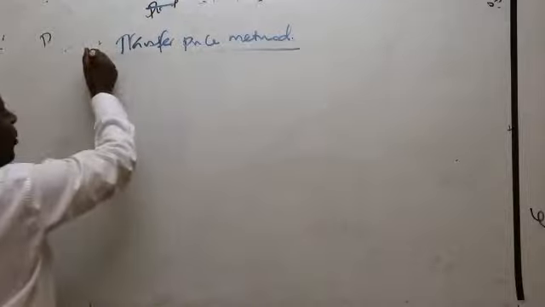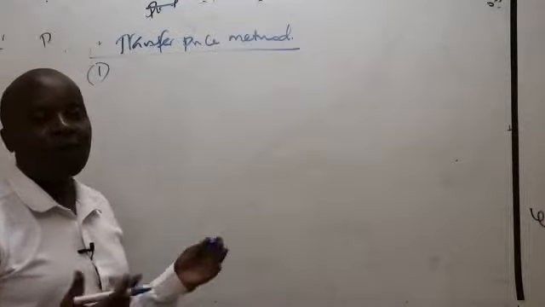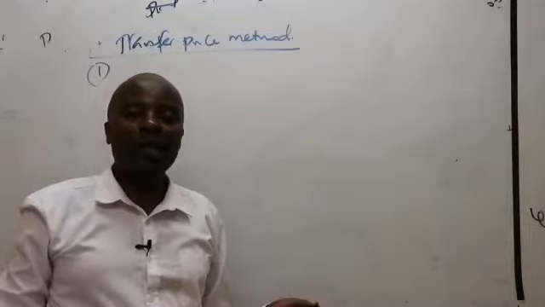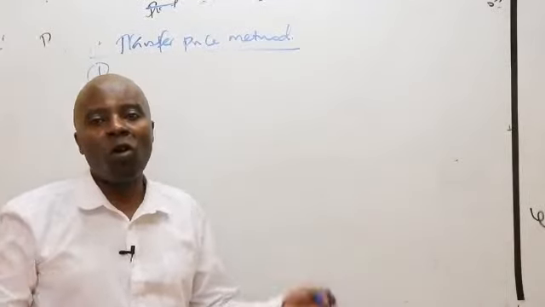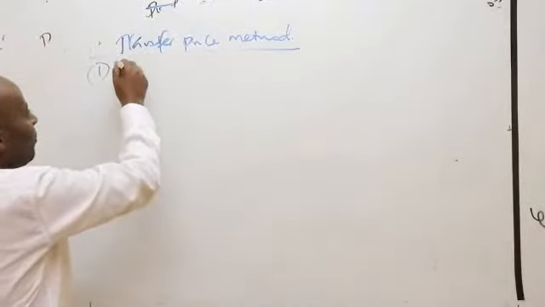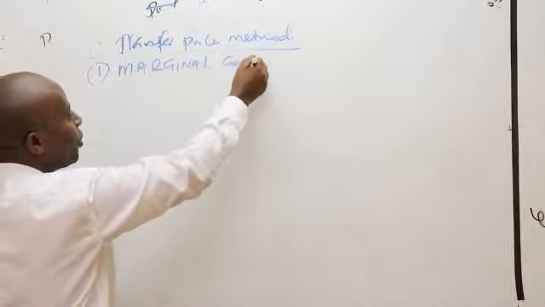For example, in this case, number one, you could decide to transfer all the products that you produce to your sister departments at marginal cost. So the first method there is marginal cost.